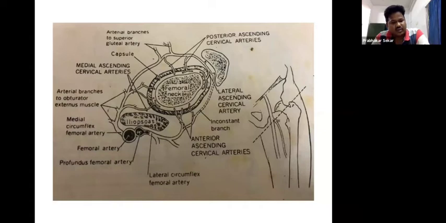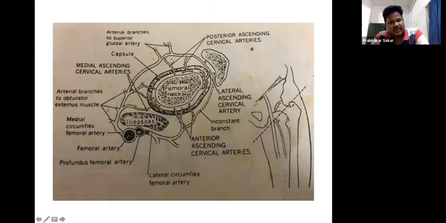So while going under the superior gemellus and obturator externus, it gives off arterial branches. So that area is the vulnerable spot to injury to the branches of the medial circumflex femoral artery. Then it gives off medial ascending cervical branches, or medial retinacular arteries.